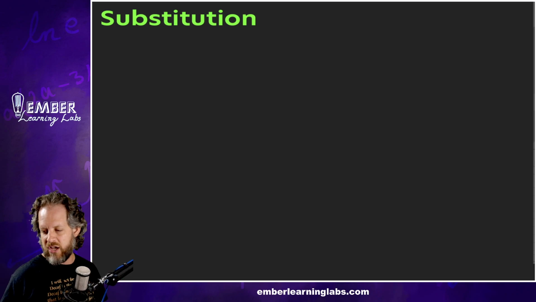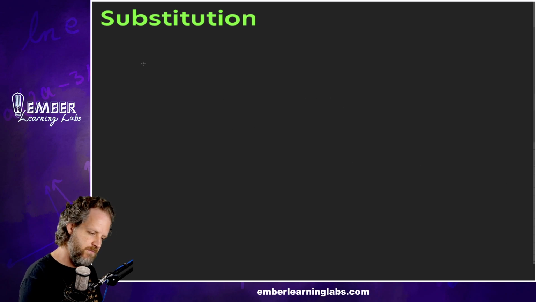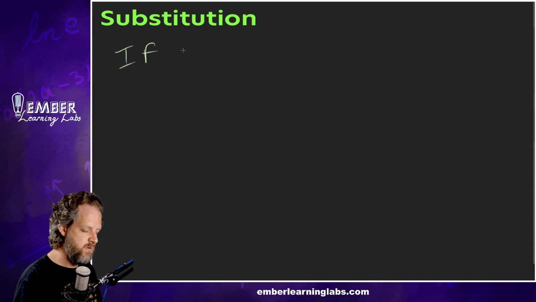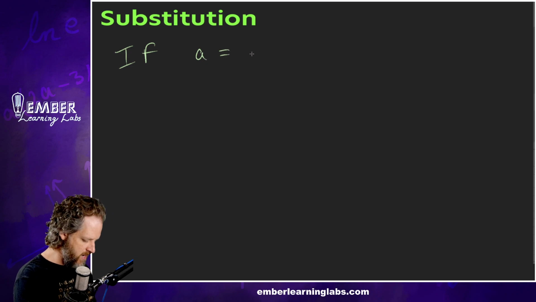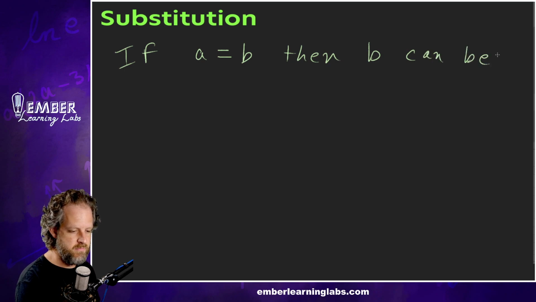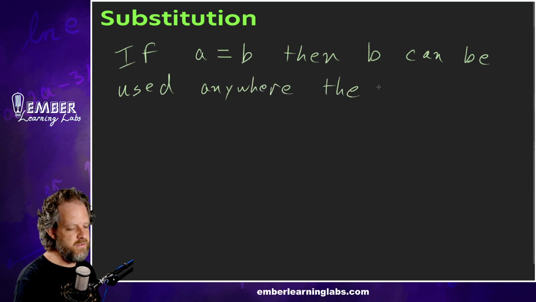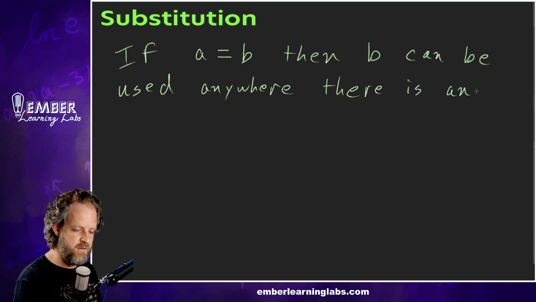We'll show the difference between the transitive and the substitution property in the examples and kind of how they work. So the substitution property says that if A equals B, then B can be used anywhere there is an A, right?